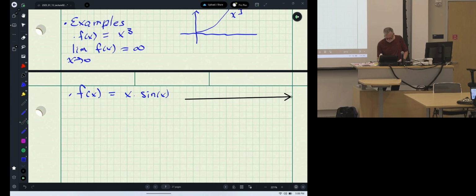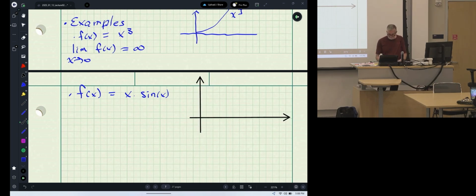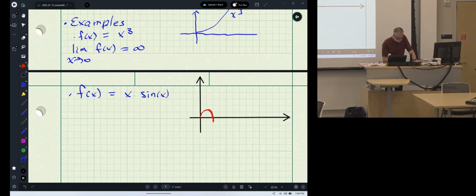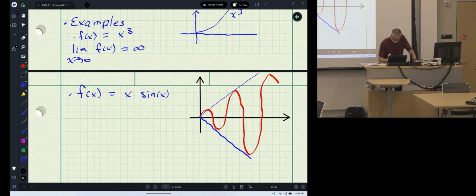I'll draw this one a little bit more carefully than the previous one. Okay, so the amplitude is growing.